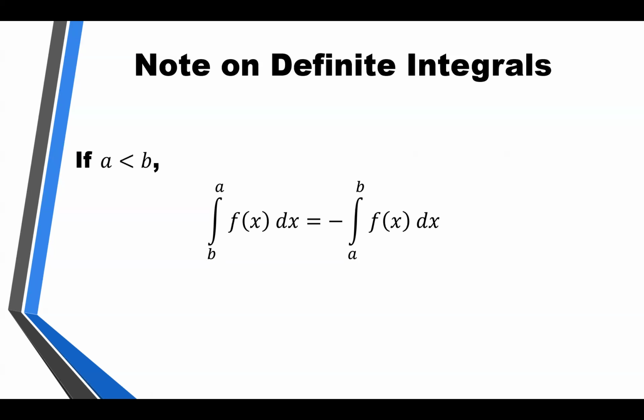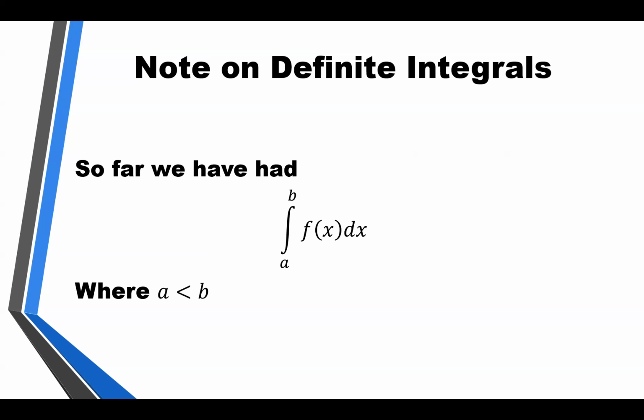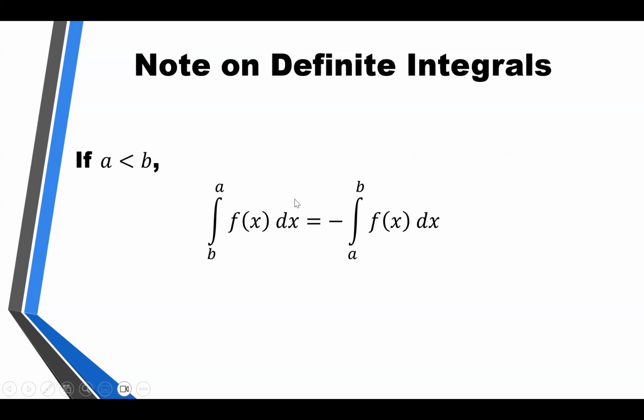In certain cases it will, but I just wanted to point that out. With signed area, we are always associating that signed area with the definite integral where A is the smaller number, B is the bigger number, A is on bottom, B is on top. If you flip it around, then you get the negative of the signed area I was talking about before.